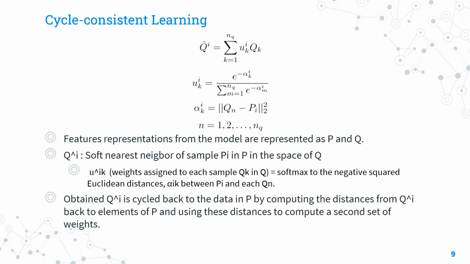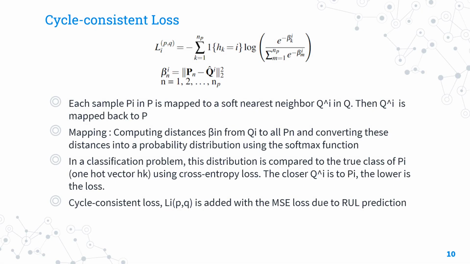The cycle consistent loss function is implemented according to the following equations shown. Each sample p_i in P is mapped to a soft nearest neighbor Q hat i in Q. Then Q hat i is mapped back to P. The mapping is done by computing distances beta in from Q hat i to all p_n and converting these distances into a probability distribution using the softmax function.